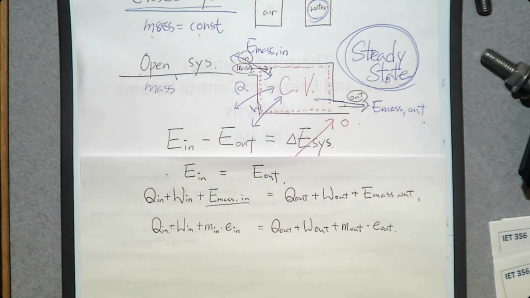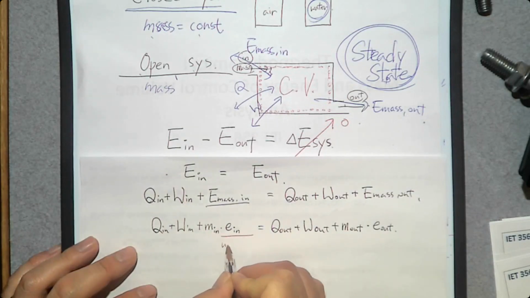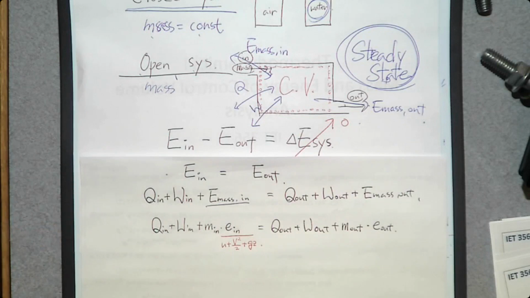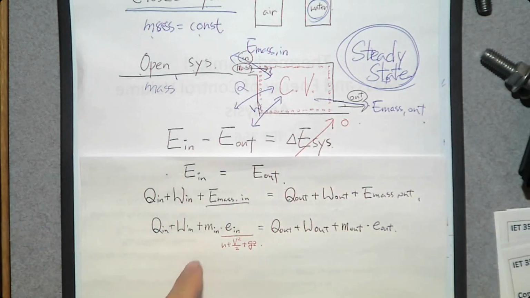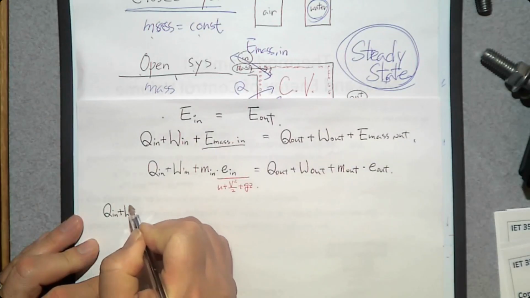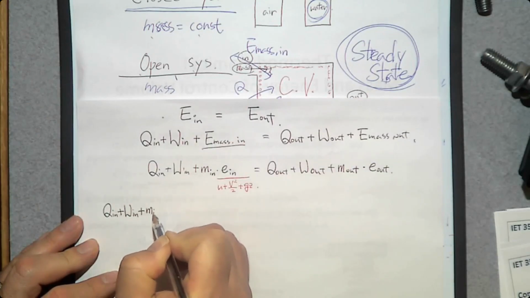Then do you remember this total energy per unit mass from chapter 2? Yes, there are 3 energies that become total energy: internal energy U, kinetic energy V squared over 2, and potential energy, gravity times elevation Z. Do you remember that? Yes. So we can rewrite this equation as Q in plus W in plus mass at the inlet.